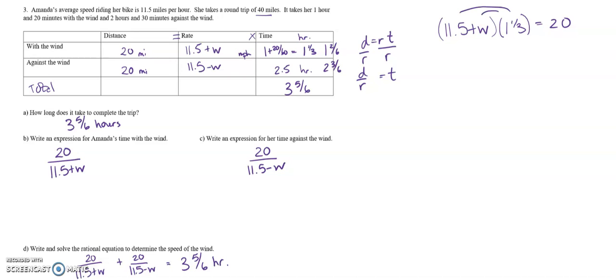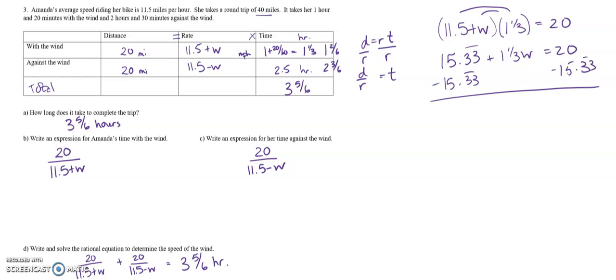So when I multiply that by 11.5, I get 15.33 repeating plus 1 1/3 W is equal to 20. So now I can take 20 minus the 15.3 repeating. We're not rounding anything. We're keeping all that precision in there.